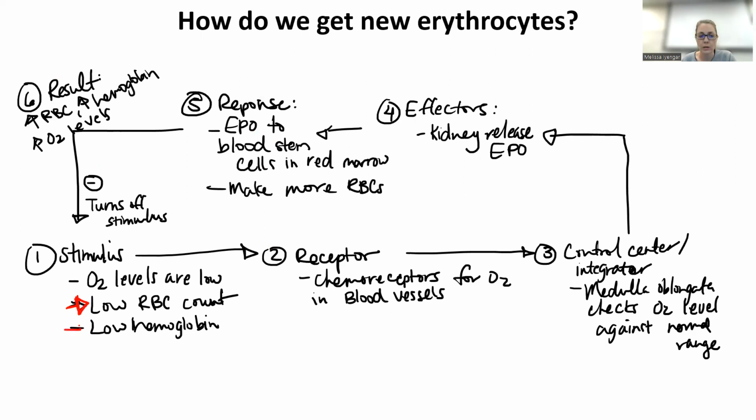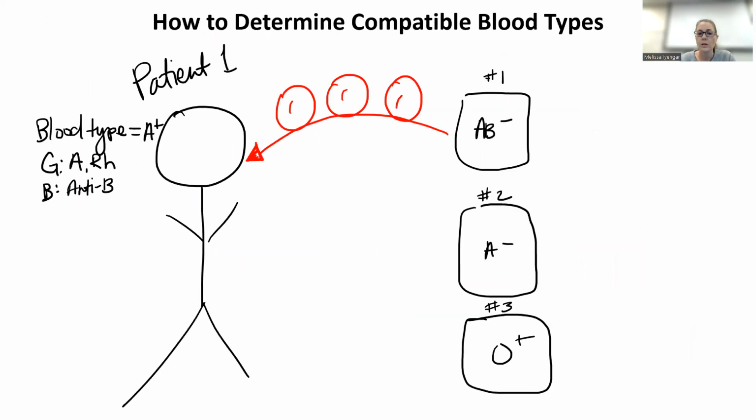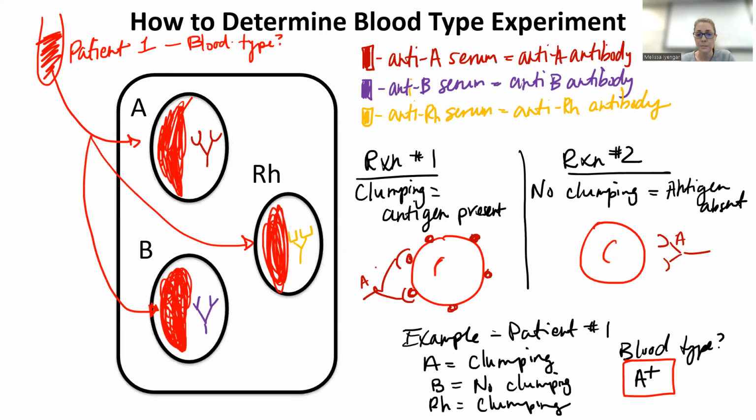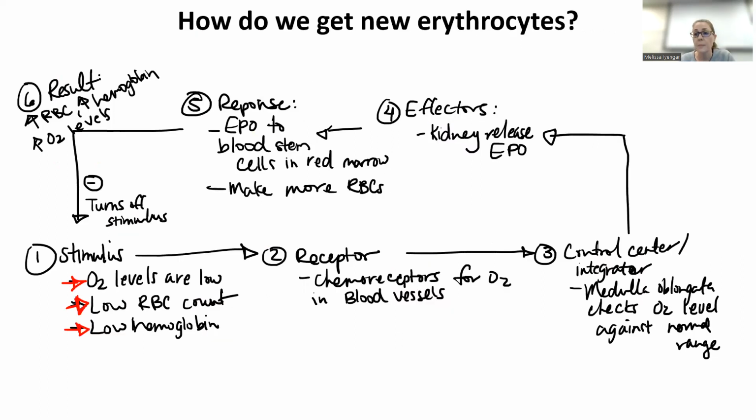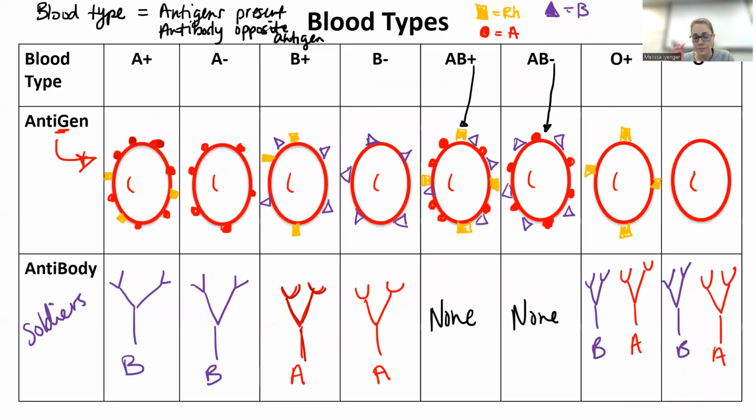Low hemoglobin, low oxygen levels. So this is why you do the transfusion. Your patient doesn't have enough red blood cells for them to get enough oxygen around the body. So you need to transfuse blood because this process isn't happening fast enough. It's not going to happen fast enough for you to create new red blood cells to prevent death.